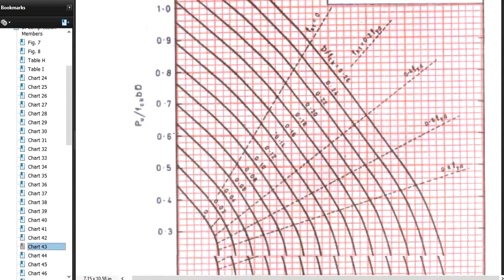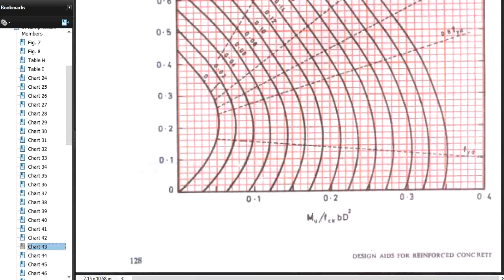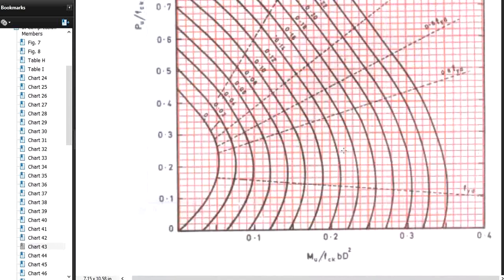For this PU by FCK BD, I need to calculate MU. Even though they have given the value of MU, I need to keep this MU as an unknown and calculate it. If the moment carrying capacity obtained for that particular section is more than the MU given, the MU to be carried out, then I can say that this section is safe.